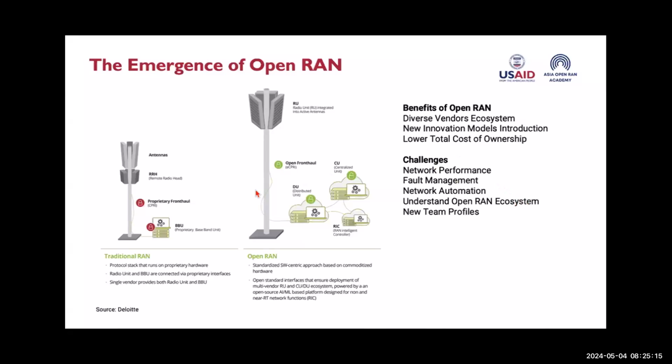Fault management, since you are handling different vendors. So when something goes wrong in the network, isolating the component that is the source of the problem can be more complex in an Open RAN environment. So to solve this challenge, there are a lot of network management tools that have been developed for Open RAN.